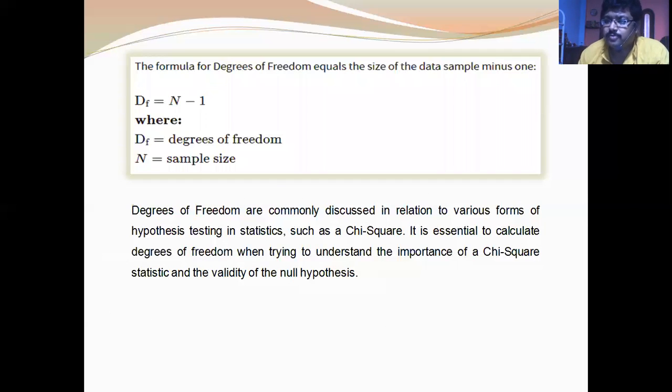Here is the role of degrees of freedom. Degrees of freedom contributes to the validity of an outcome.